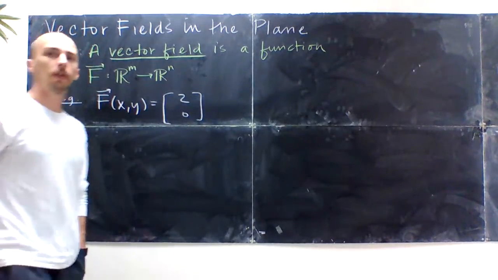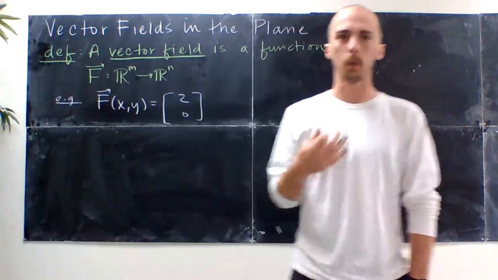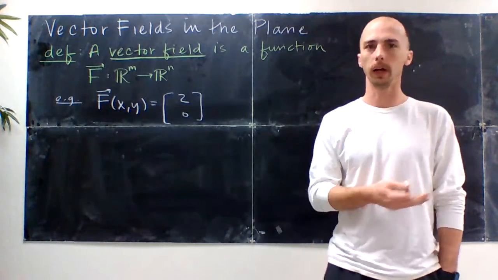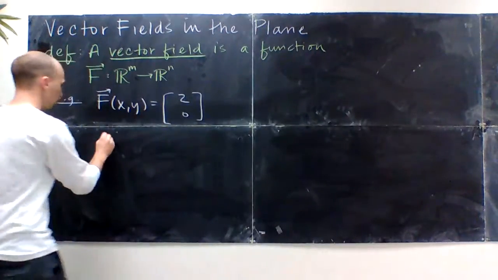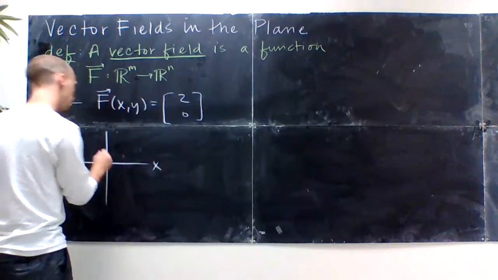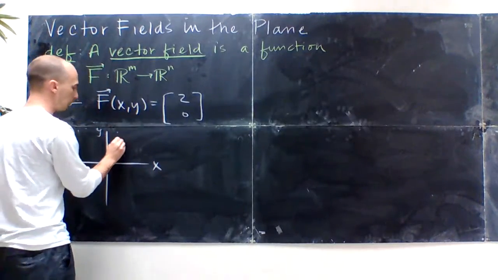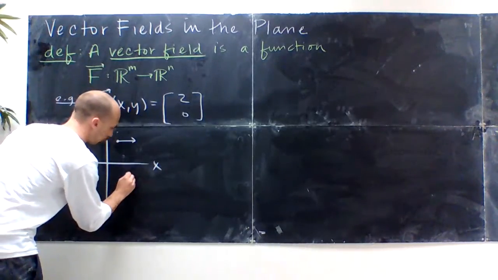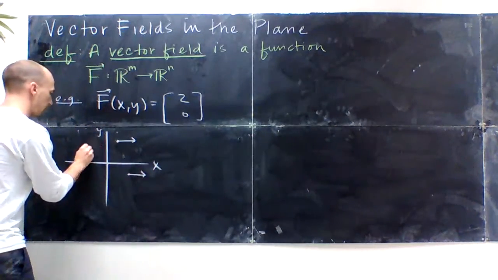That means that, for any x and y, it's going to spit back this same vector that goes over 2 and up 0. So I can draw a picture of this pretty nicely. At any point x and y, it just goes to the right by 2. So I'll just draw you a few of these.